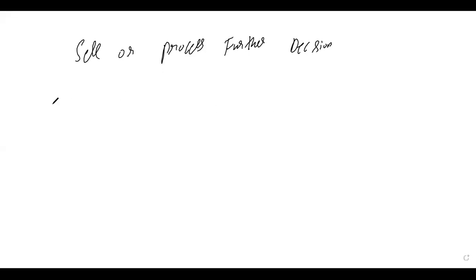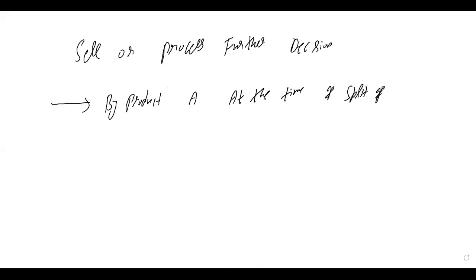Say one of the byproducts you got as a part of the process is byproduct A. Assume that at the time of split off, you can sell it for $10.